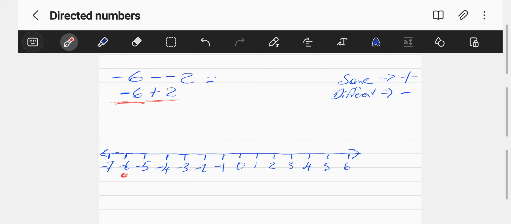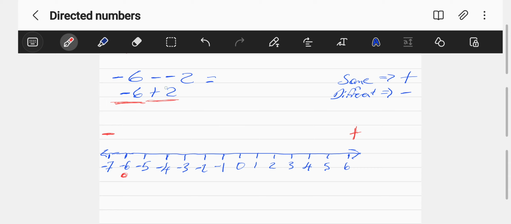We're adding 2. Now remember we said that our positive numbers are to the right of 0. And also when we're adding, we go right. So that's a good, easy way to remember that addition and positivity is to the right. And negative or subtraction is to the left of 0.